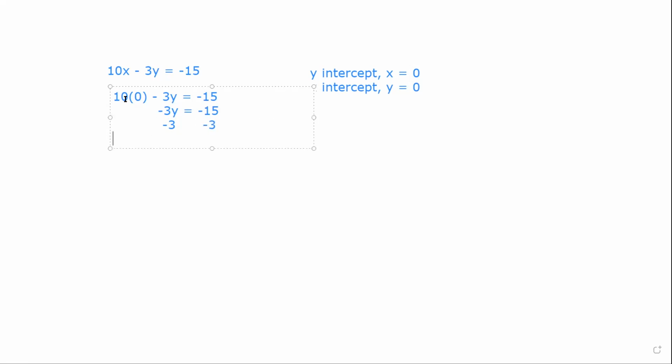Both sides. So negative 3 divided by negative 3 is 1, y. On the right side, I got negative 15 divided by negative 3. So there's positive 5. So the y-intercept is the point 0, comma 5. So there's the y-intercept.